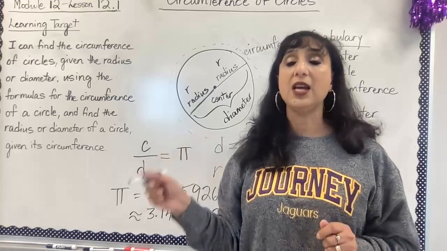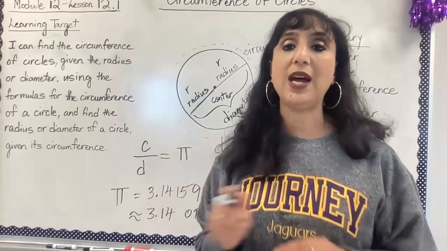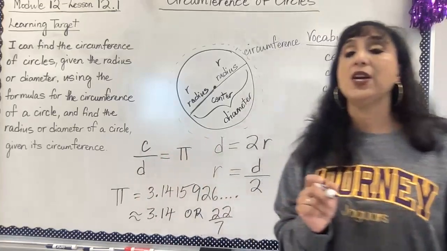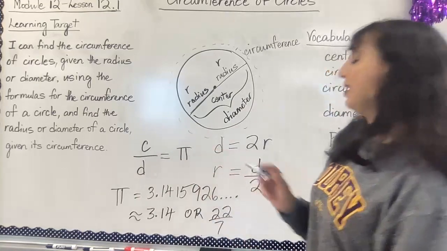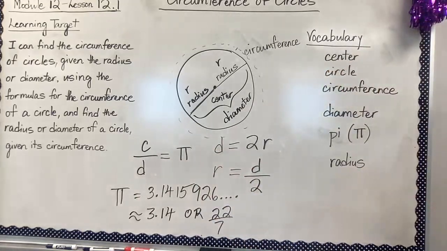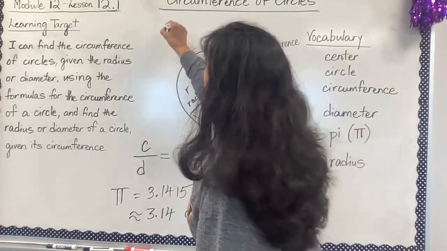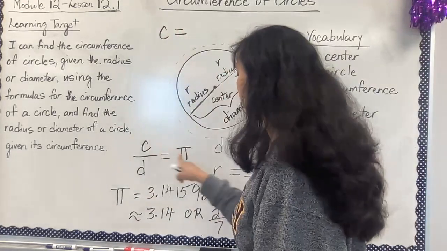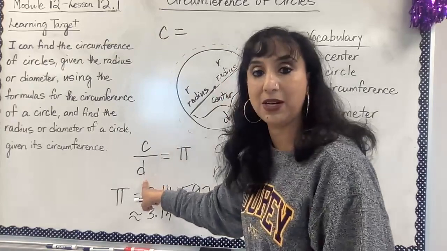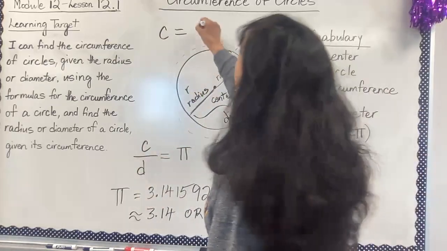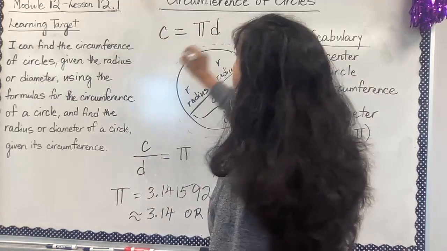When I divide the circumference by the diameter, I get pi. So let's think about if I had to find the circumference. Circumference would be equal to what? Pi times diameter, right? So it's written as pi times diameter.